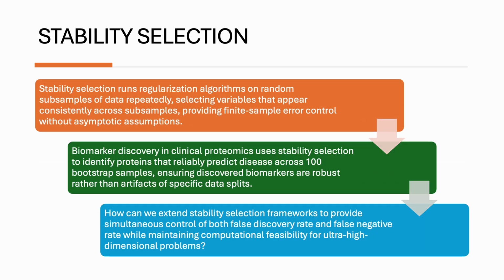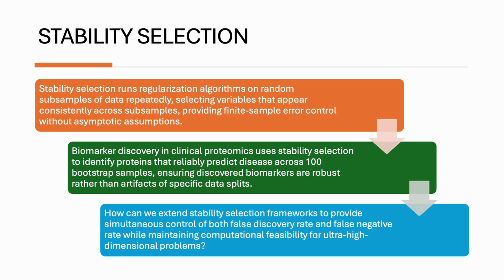Stability selection. Stability selection runs regularization algorithms on random subsamples of data repeatedly, selecting variables that appear consistently across subsamples, providing finite sample error control without asymptotic assumptions.